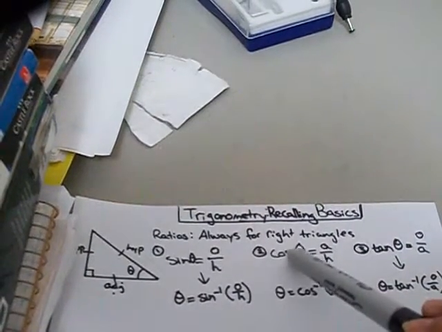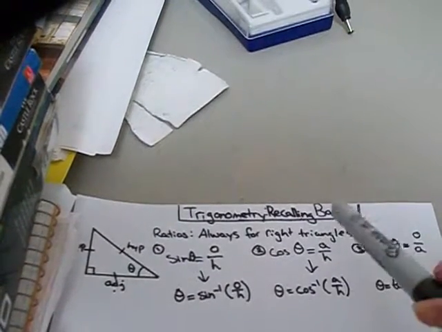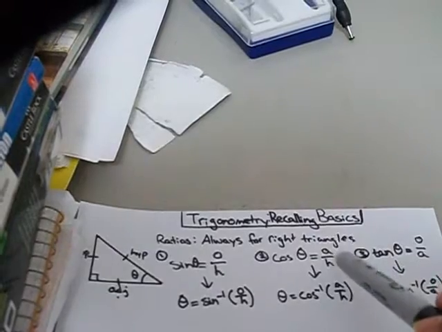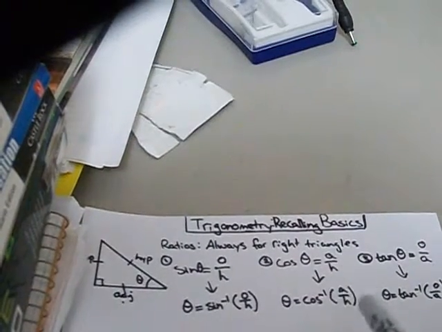This is the cosine ratio, that's the second ratio. It states that cos of the reference angle is equal to adjacent over hypotenuse, or the reference angle is equal to the inverse of cosine times adjacent divided by hypotenuse.